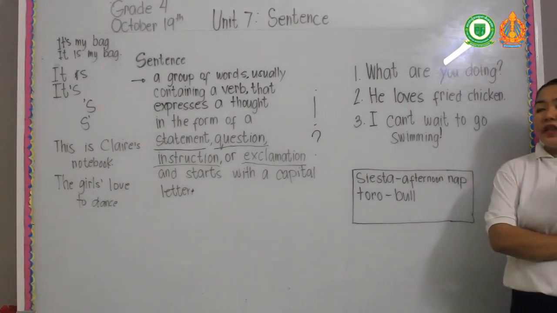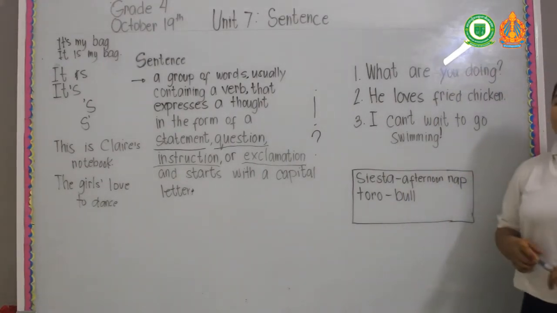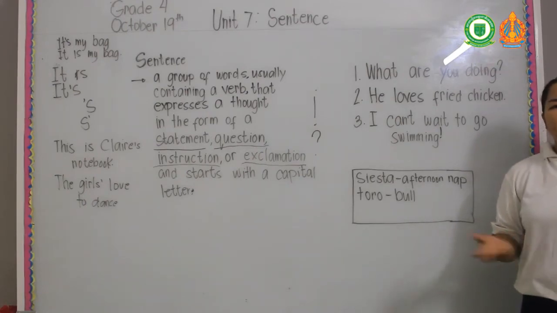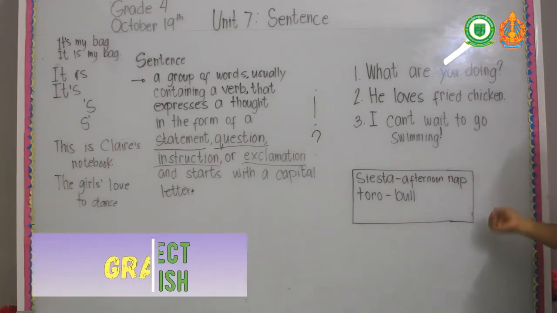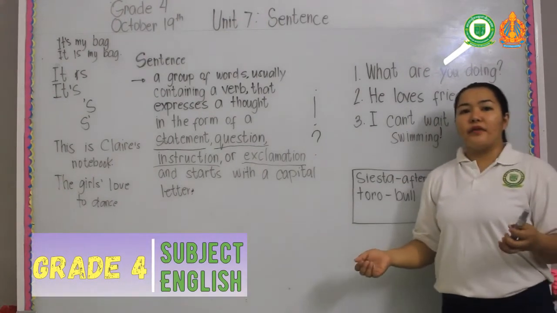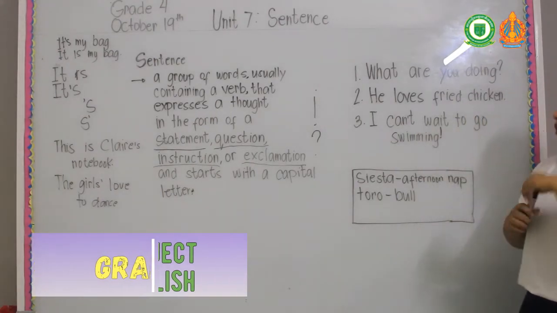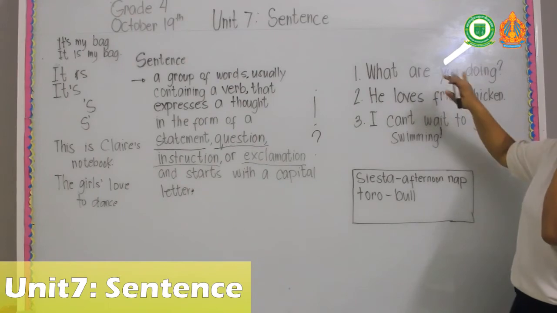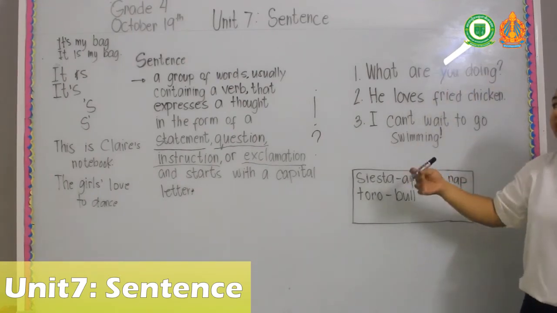Let's have these examples. Number one, what are you doing? What are you doing? Okay? Alright, so there is a sense since we have a verb and we have a subject. What are you doing?